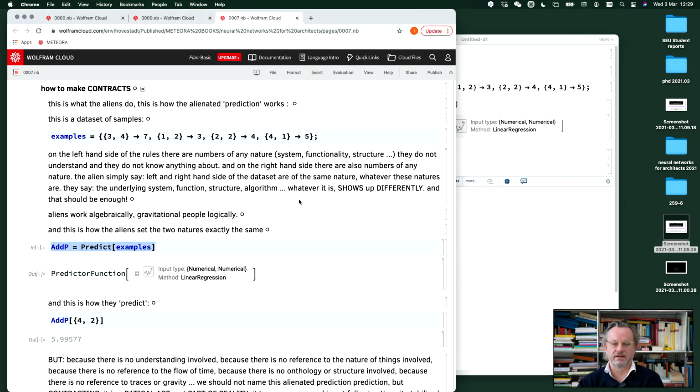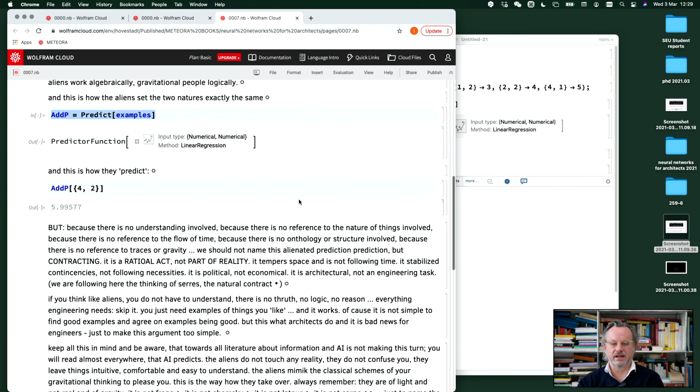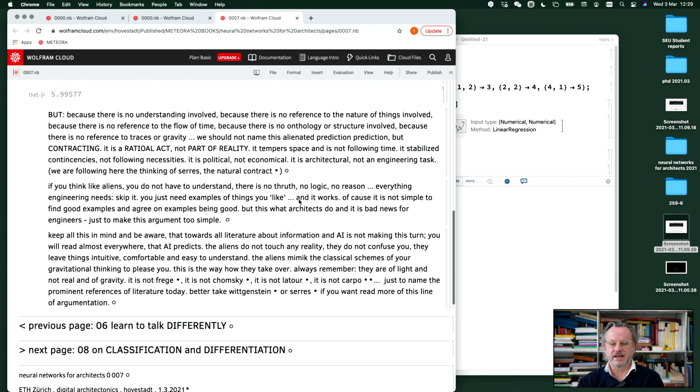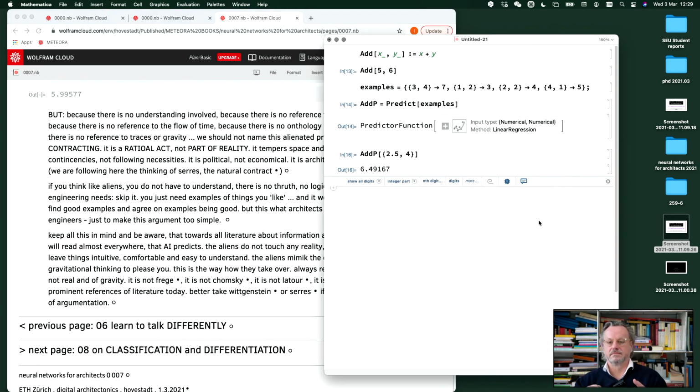Therefore, I would say, there's no reason, there's no nothing. We simply say, these two perspectives to the world contract. And they say, we are the same, and we want to have it the same, and therefore we behave like that in future cases.